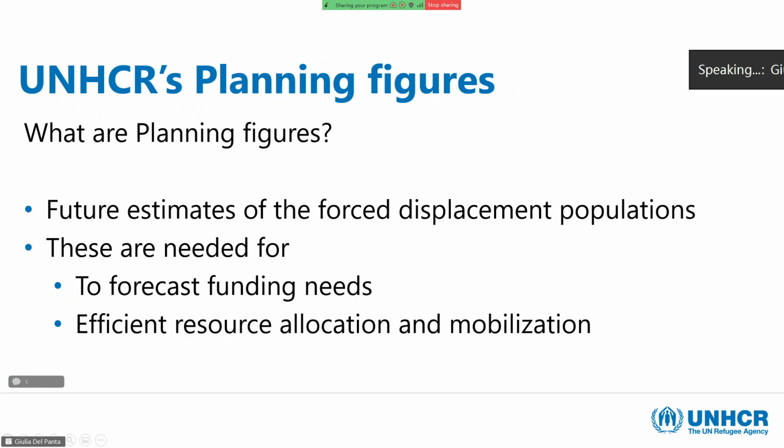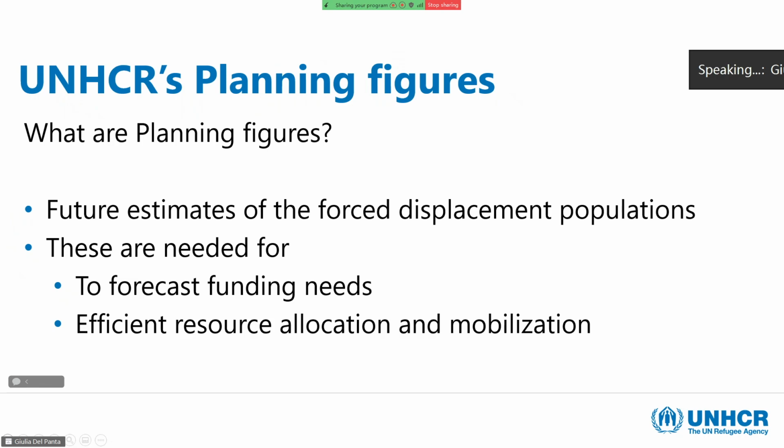So these are used for planning purposes to understand what our funding needs might be in the future, how much funding needs to be collected, and to plan for like resource allocation, like which regions will likely experience more forcibly displaced and need more resources, etc. So this is very important for planning purposes, and this is done by working with experts and the government, and just like sitting all together and thinking about what could happen in the future.